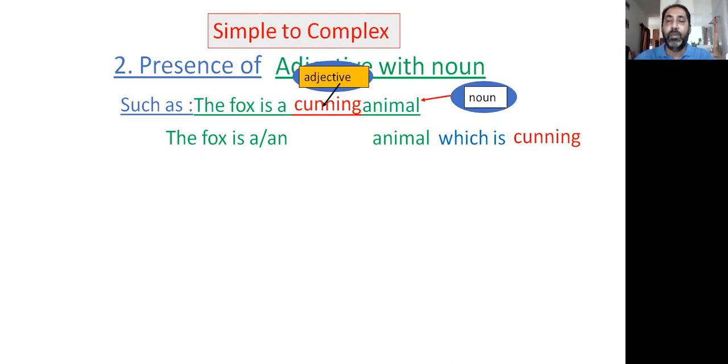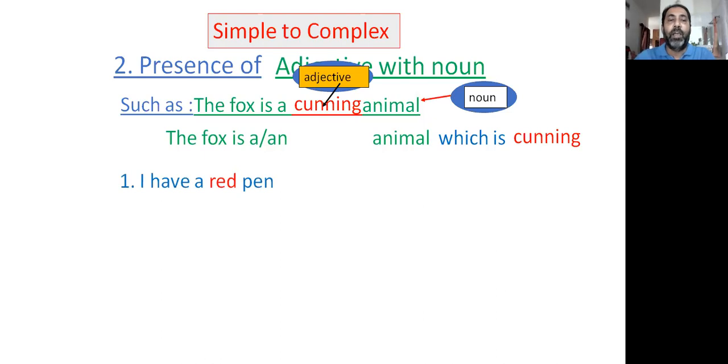A to be verb, and before the to be verb, a relative pronoun. If you use a relative pronoun and a to be verb before an adjective, then that adjective will be turned into a finite verb and this will be a subordinate clause, right?